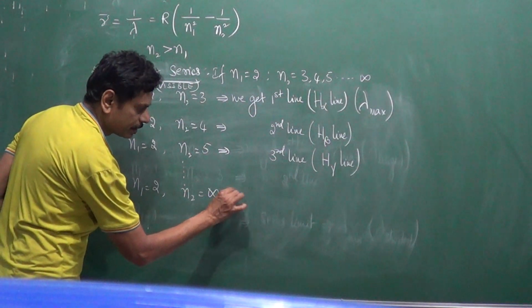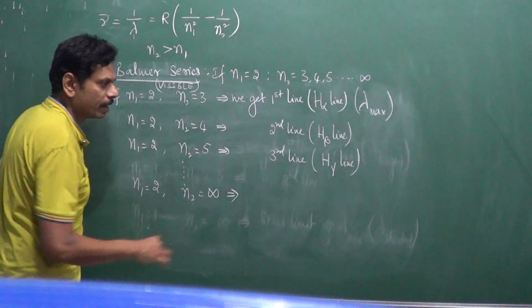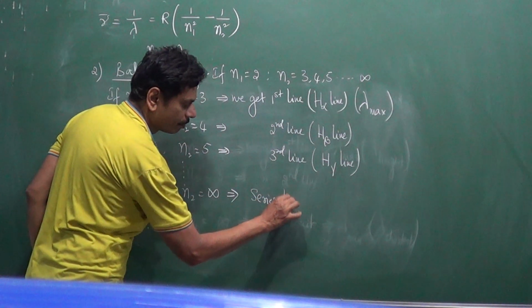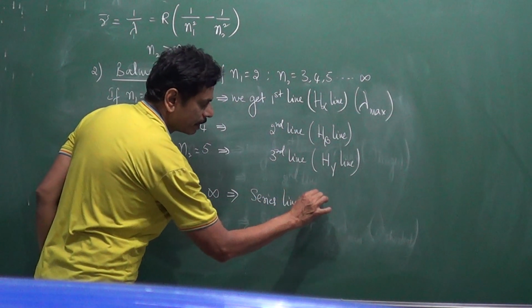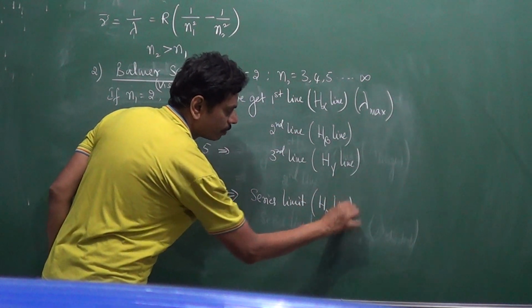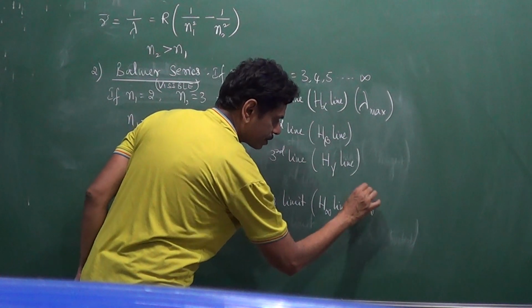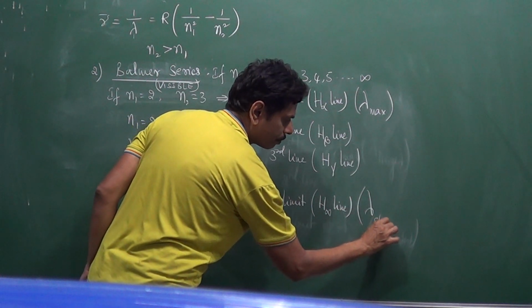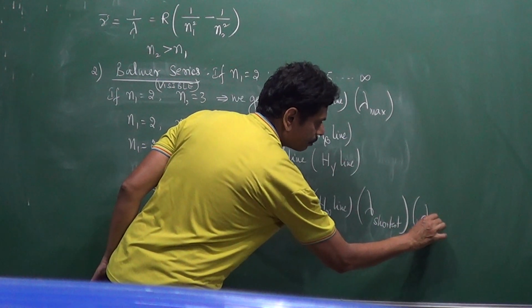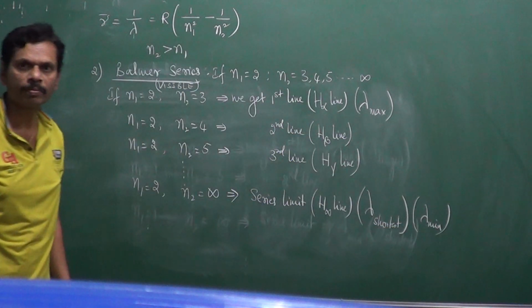We are going to get the last line here. The last line is the series limit, which is taken as the H infinity line. This is lambda shortest or lambda minimum.